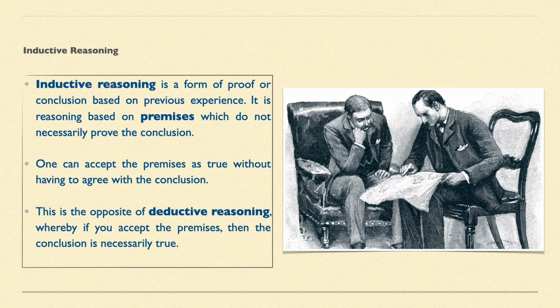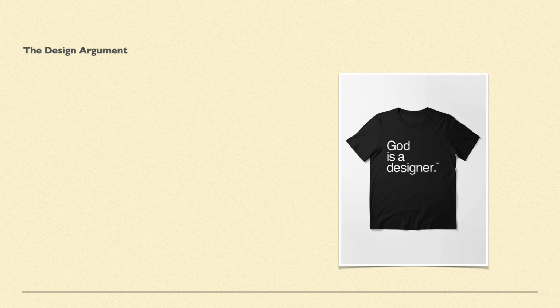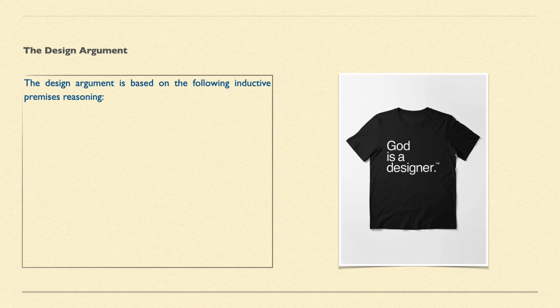And this is the opposite of deductive reasoning, which is something we'll be looking at in a later lecture, the ontological argument. And that's when, if you accept the premises to be true, then the conclusion follows to be true. It's necessarily true. So the design argument that we're looking at here is based on the following inductive reasoning.